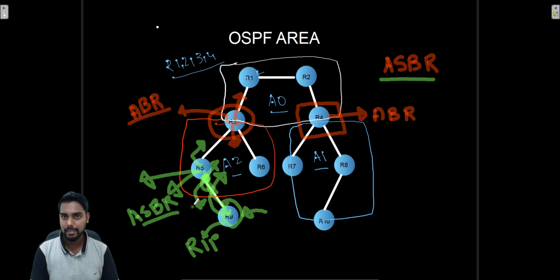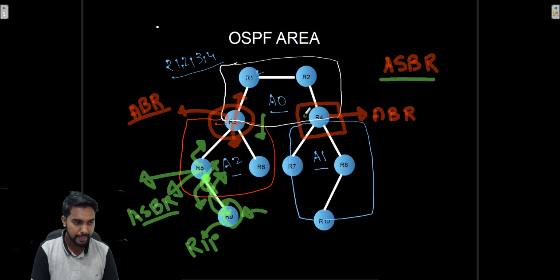Like we discussed, one advantage of areas is that we have a smaller LSDB, so there is quick SPF calculation. Another advantage of areas is route summarization. In OSPF areas, you can summarize between two areas, meaning the ABRs can do summarization. Summarization can be done between area number 0 and area number 2.